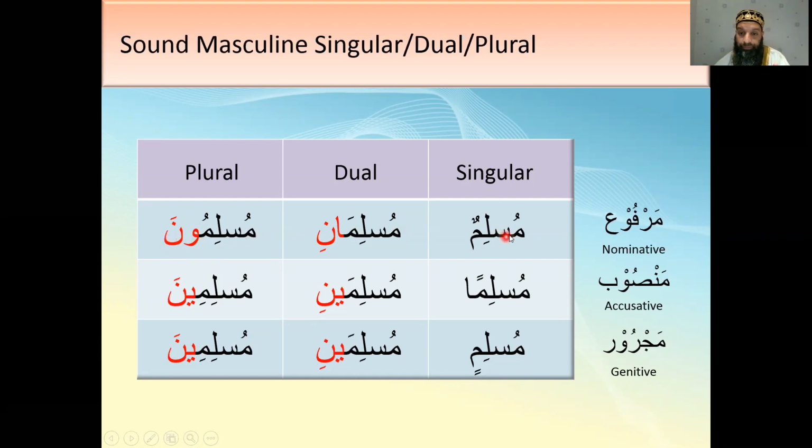So look, Kafirun. What does Kafirun mean? A disbeliever. Now you tell me how to say two disbelievers. Kafirani, exactly.